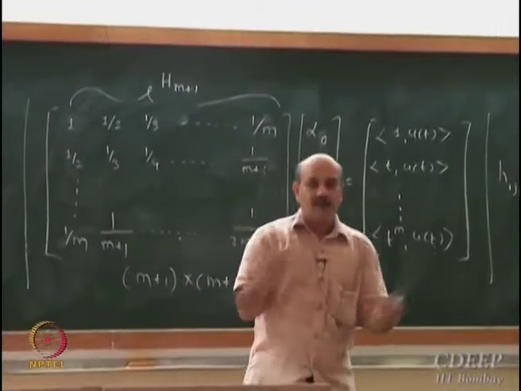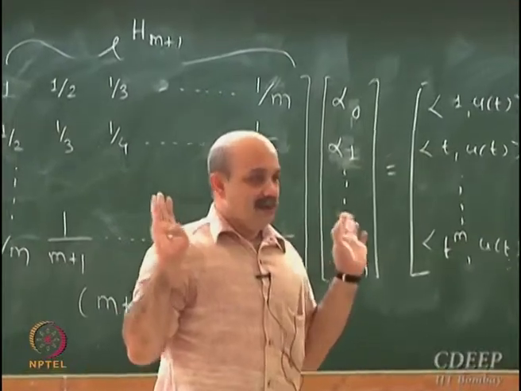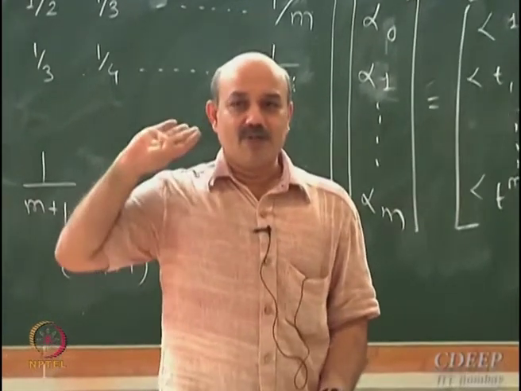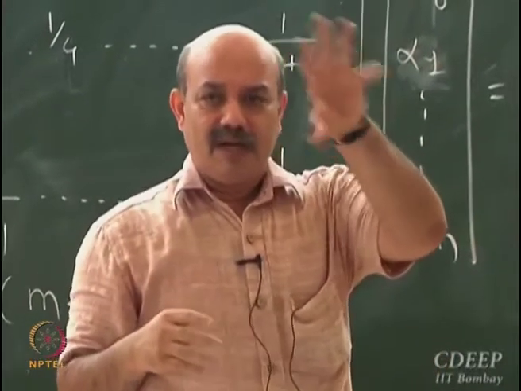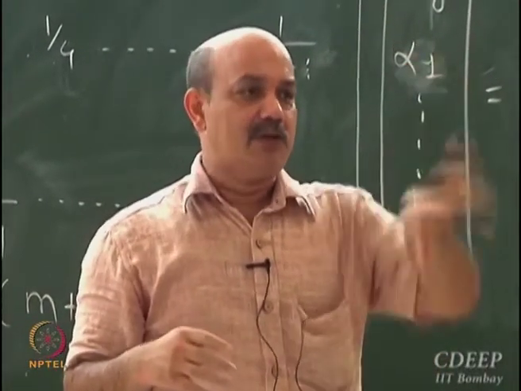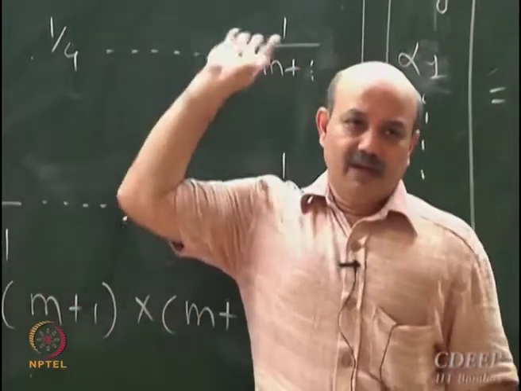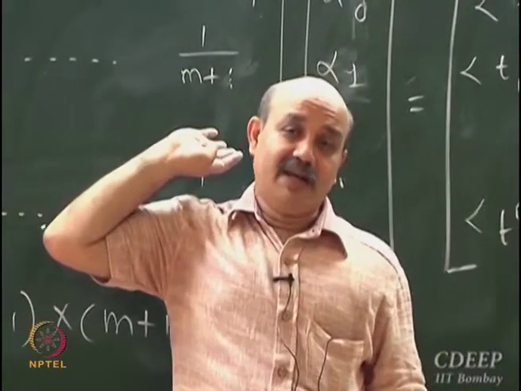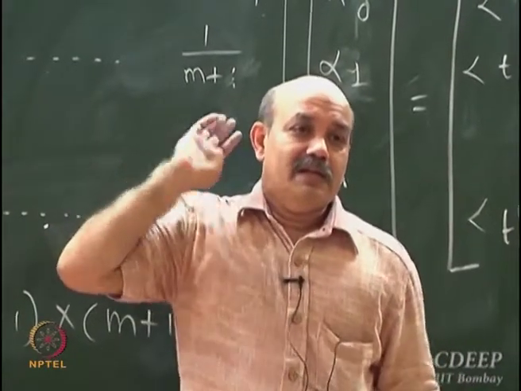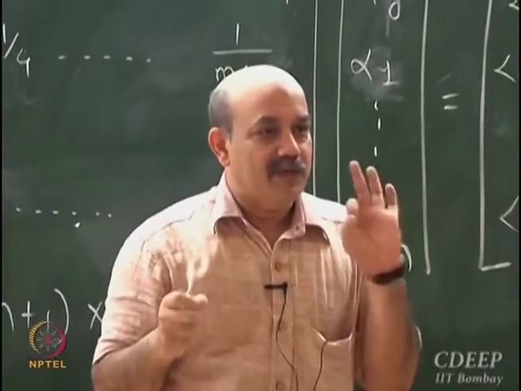This follows from the fact that this is what we have obtained in the case of projection. It is obtained from the projection matrix, is related to the projection matrix. So this is a symmetric positive definite matrix, but it is highly ill conditioned because the eigenvalues of this matrix are very, very strange.